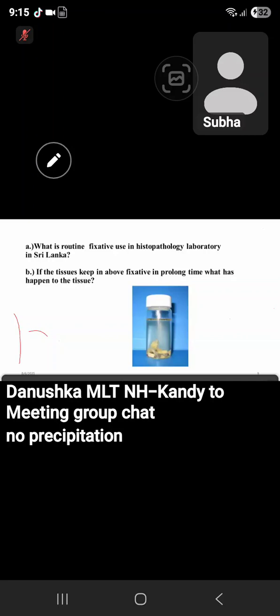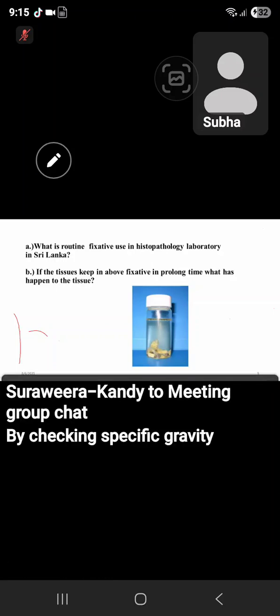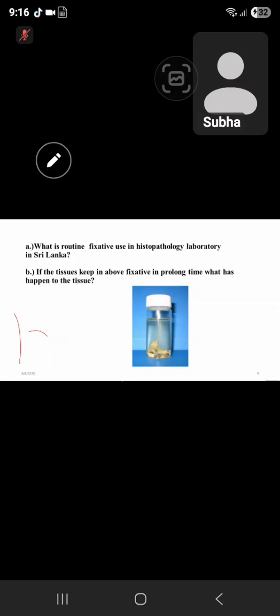No. I think in accredited laboratories, they should check the quality of fixatives. Yes, by checking specific gravity and pH. Specific gravity and pH. Yes, thank you, Mr. Sudhavira.